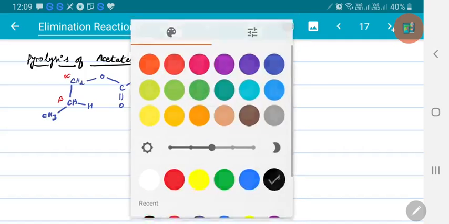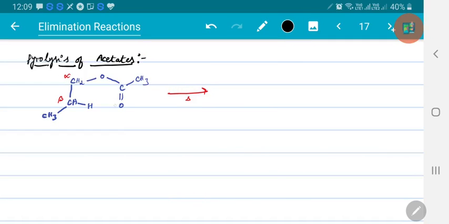now observe what happened. This oxygen donates a lone pair of electrons and tries to abstract this hydrogen, right? When it tries to abstract the hydrogen by donating a lone pair, this H plus comes out. This makes this bond shift here. That makes this bond cleave, and therefore this bond got shifted here. After donating the lone pair, this oxygen gets a positive charge. Therefore this bond got shifted here. So on heating this leads to formation of this product.